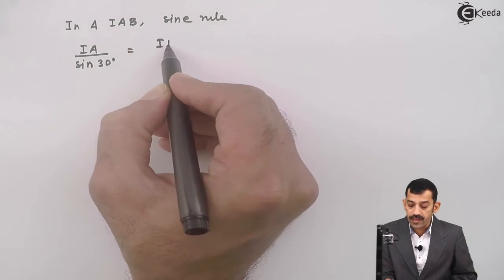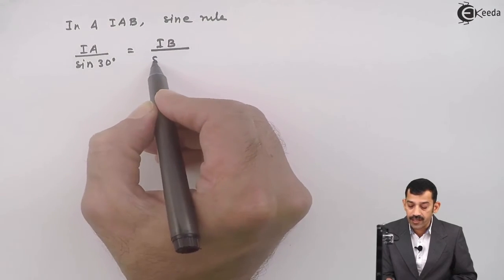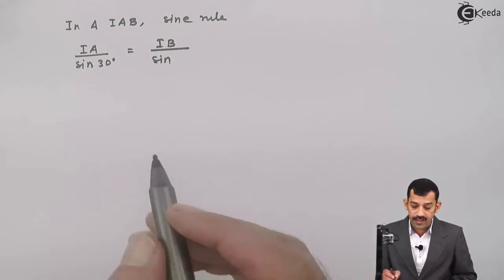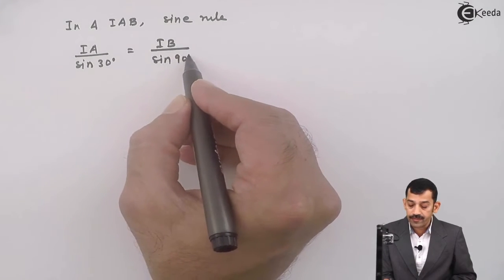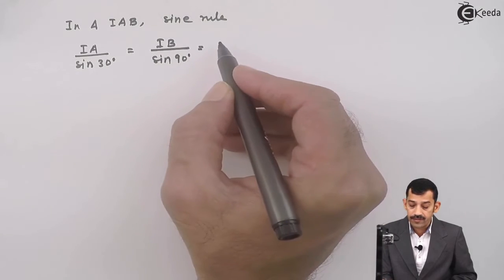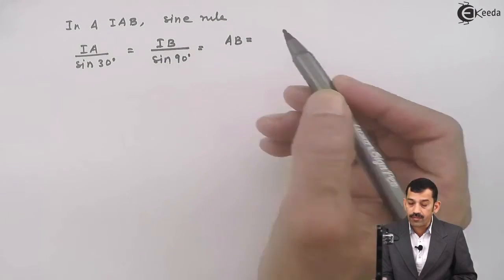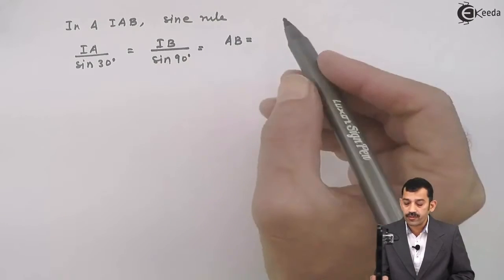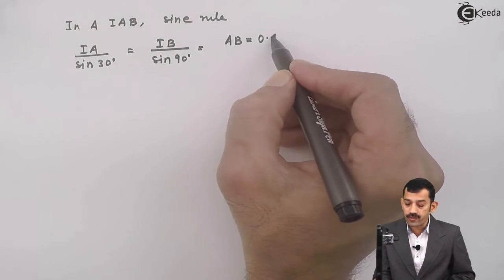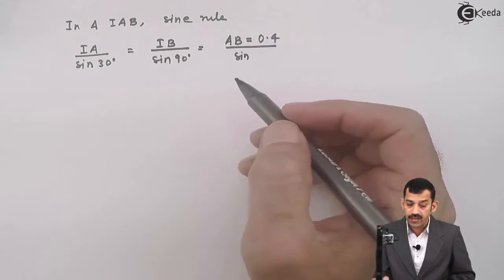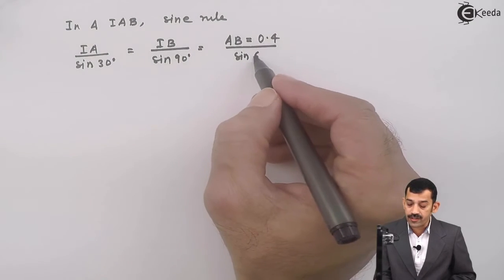Next, IB divided by sine of the opposite angle; opposite to IB is 90 degrees, that means sine 90. And the third length is AB, given as 400 millimeters. We substitute in meters, 0.4, upon sine of the angle opposite to AB, which is 60 degrees.